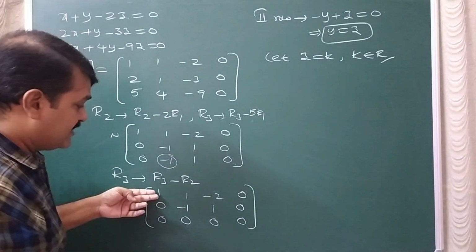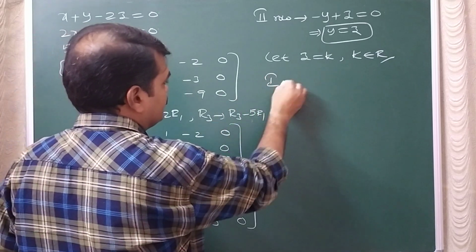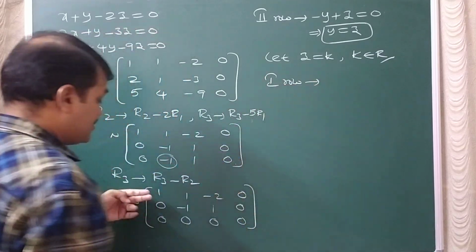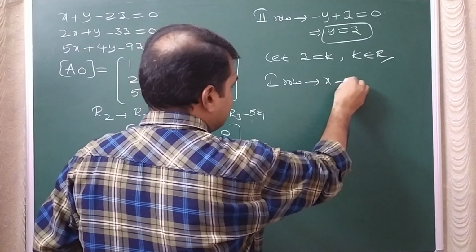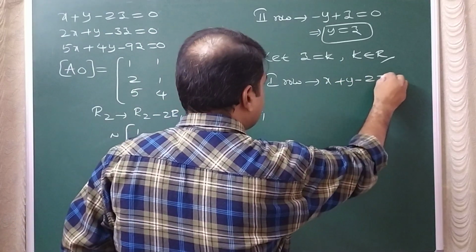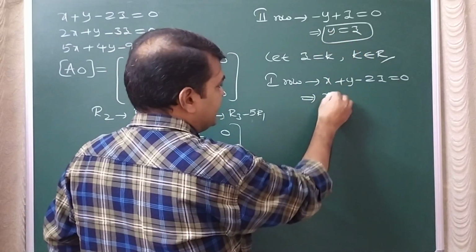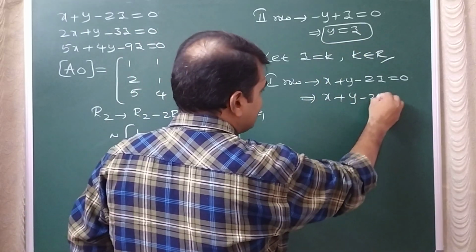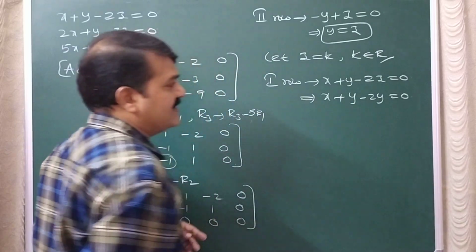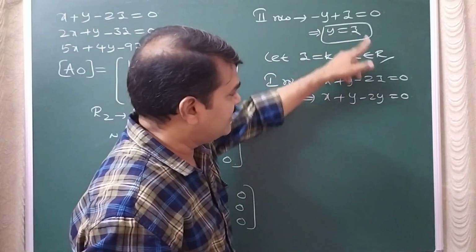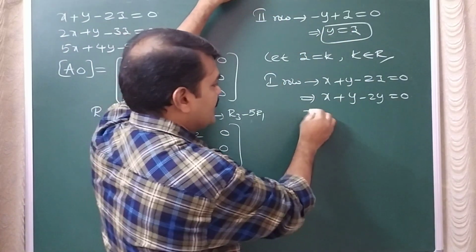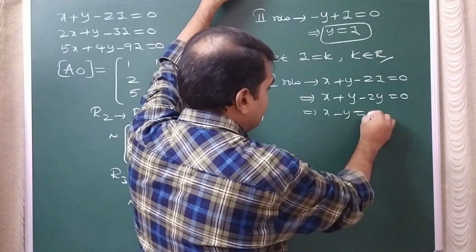Okay, so take the first row. From the first row, we can write the equation as x plus y minus 2z is equal to 0. I got y is equal to z, so in place of z I write y: x plus y minus 2y is equal to 0. So you will get x minus y is equal to 0.